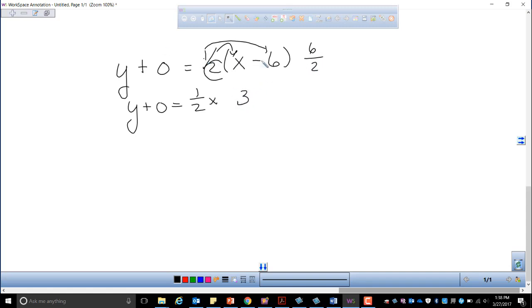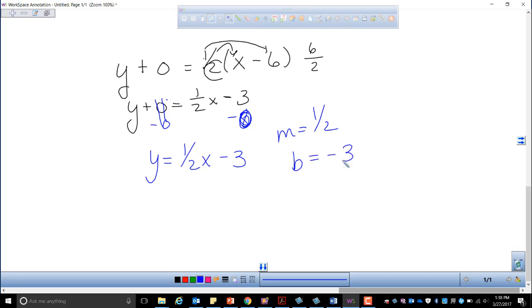And this is positive and this is negative, so it's going to be minus 3. And then this one's very easy. If you subtract 0, y equals 1/2 x minus 3. So my slope is 1/2. My y-intercept is negative 3.